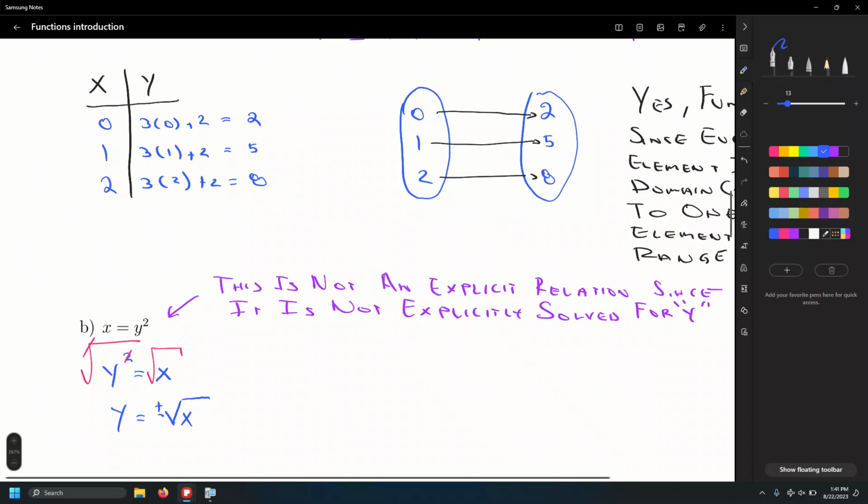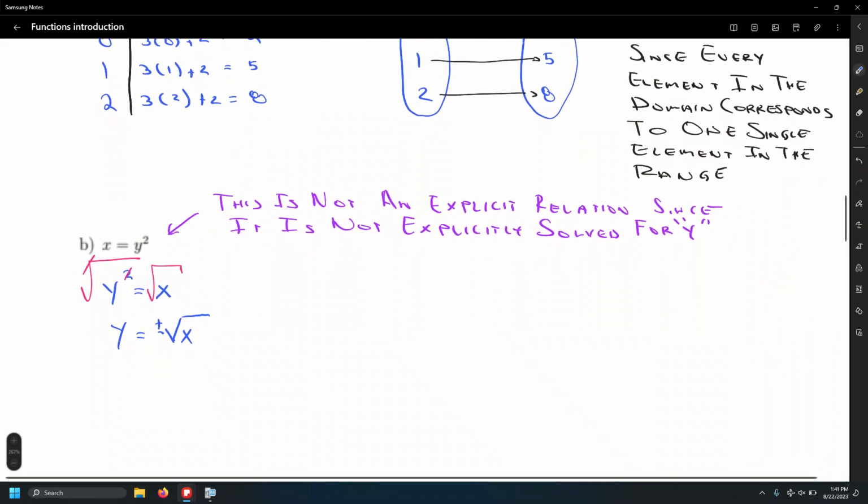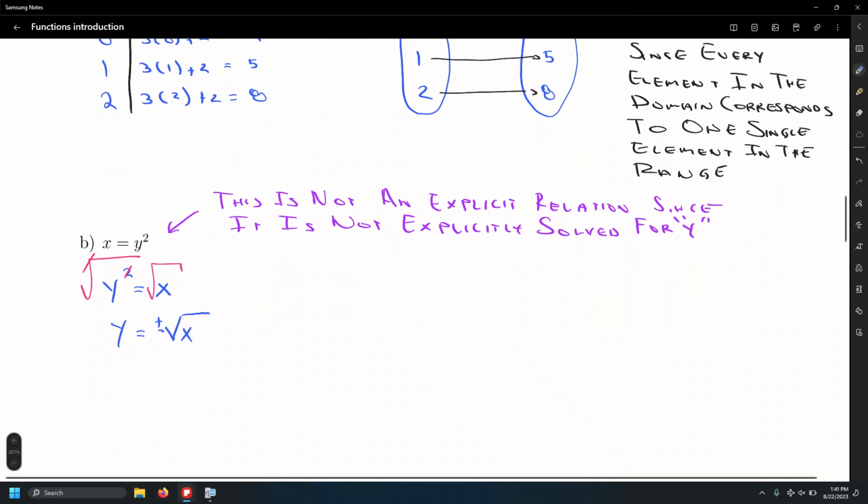That's in fact how the square root property works. When we solve a baby quadratic equation using the easiest method, which in this case is the square root property, every time we take the square root on both sides, we are supposed to have that plus or minus. Why is that?